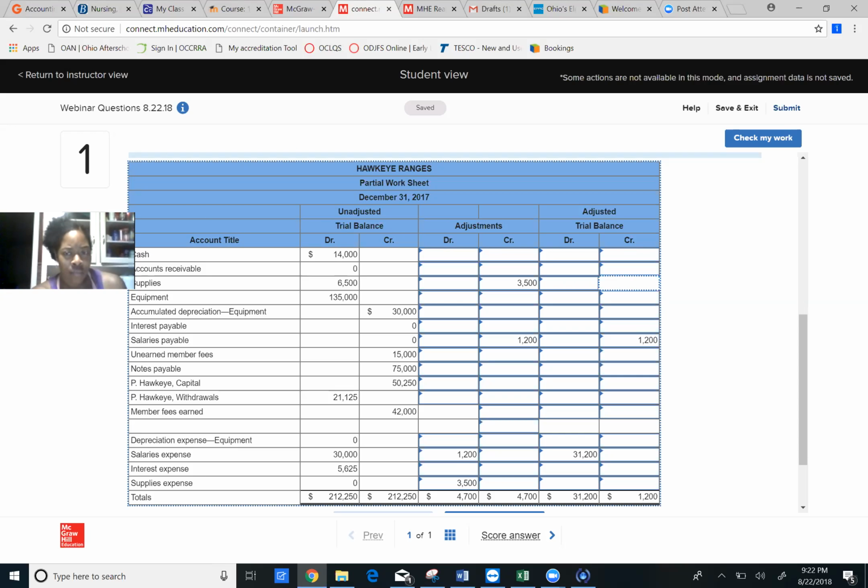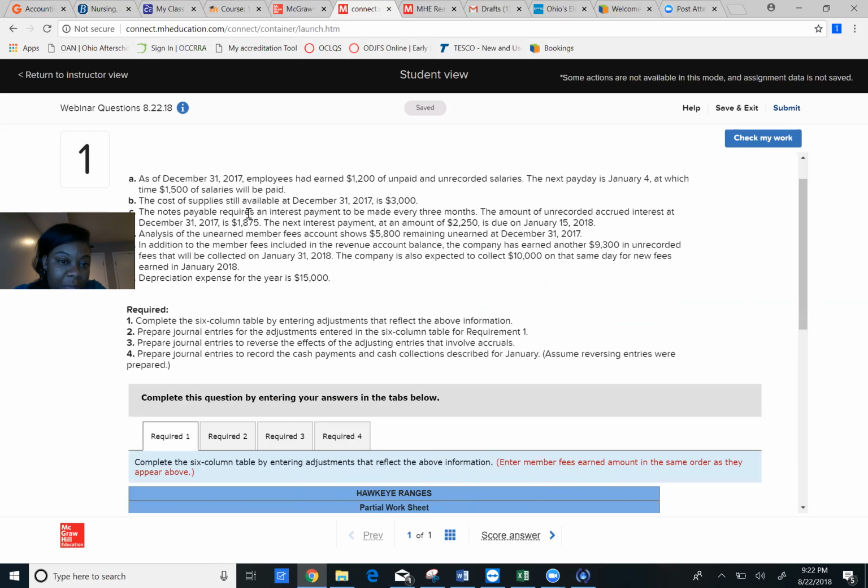It's gonna go on the debit side because the balance is still a debit. You had 6,500 as a debit, 3,500 as a credit, but you're still left with $3,000 as a debit. Remember, in the original problem, the cost of supplies left at the end of the year is $3,000. So that means we did the entry correctly.